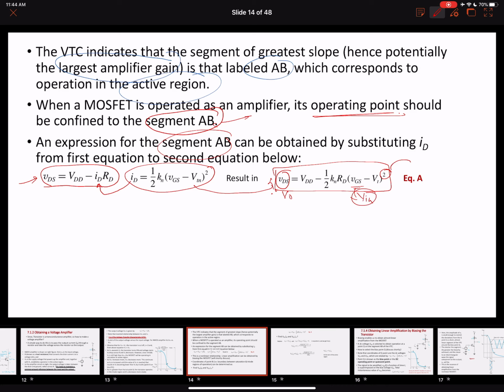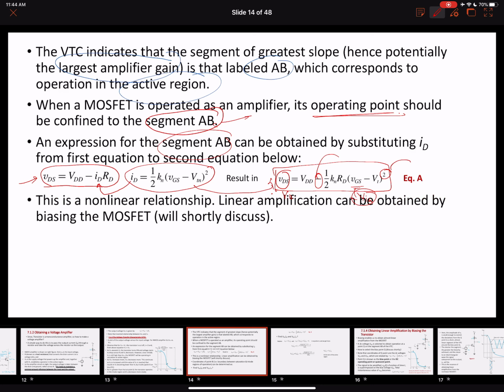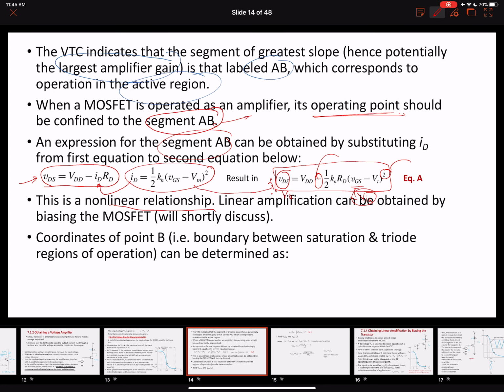This is a square relationship, and this is an inverse relationship. So this is a nonlinear relationship because of the square, and our objective is to obtain a linear amplification. We will discuss shortly how we can do it.